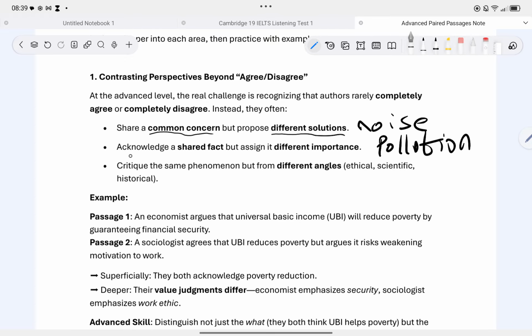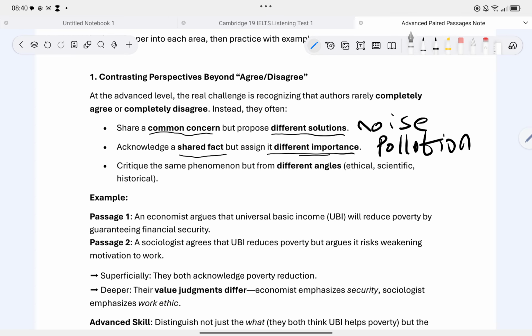Now, what you want to do is notice that at times they acknowledge a shared fact, but assign it different importance. What that means is at times they both agree that something is the case, but they give different levels of importance to it. For instance, author A may say that there is a high level of corruption in Nigeria, and that's why Nigerians are struggling with maybe progress.